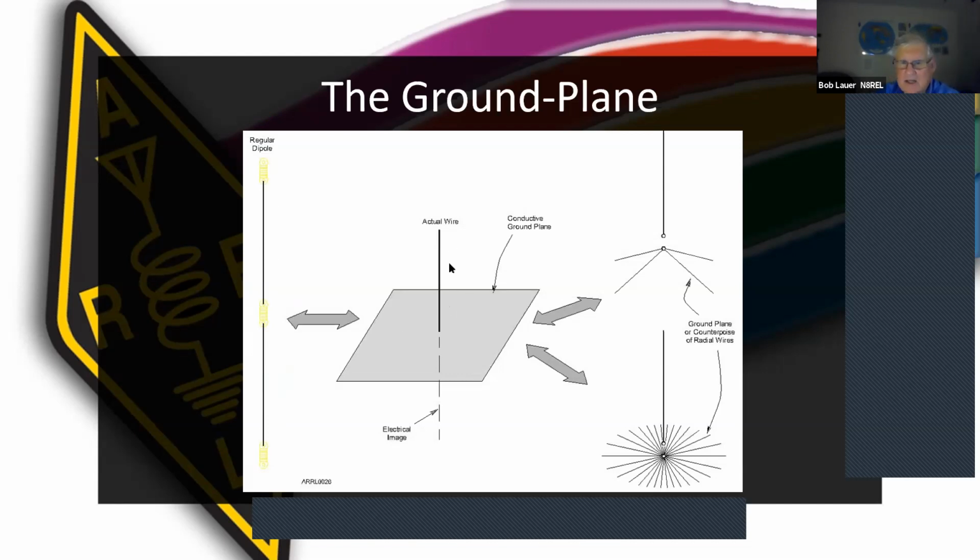Your ground plane antenna is normally going to be a quarter wavelength, or sometimes 5/8 of a wavelength, of a vertical type antenna. And then it will have a conductive ground metal.